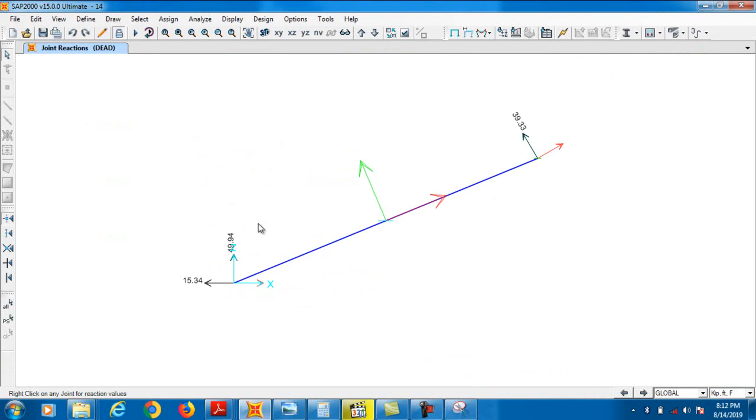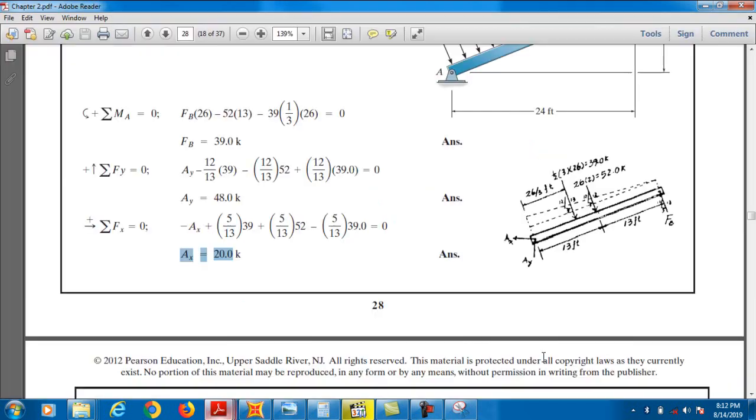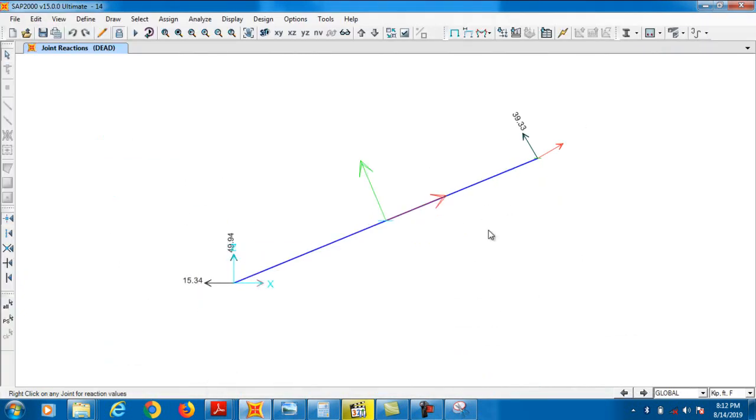This is 39, this is 50, and this is close to 20. There it is 20, but we have roundabout 16. So this is not a great difference. SAP gives a little bit of difference, so this is acceptable. This one is okay, and this one is also okay.